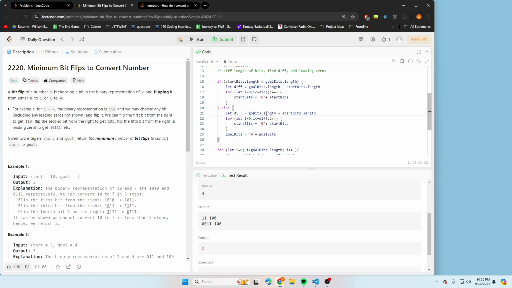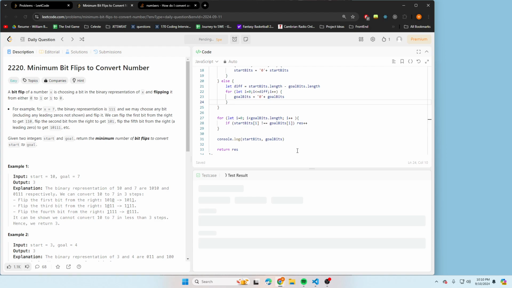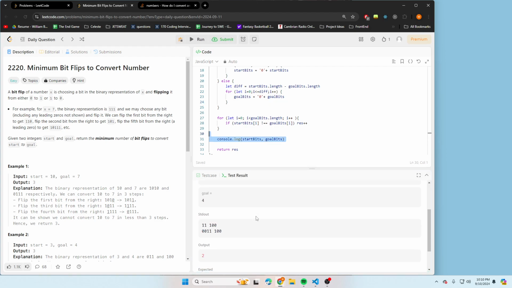This is gonna be if the start bit is smaller, but this goal bit is smaller, then goal bits. I'm gonna take this out, and I think that's it. Why is it not?